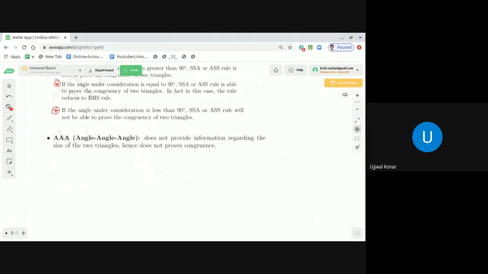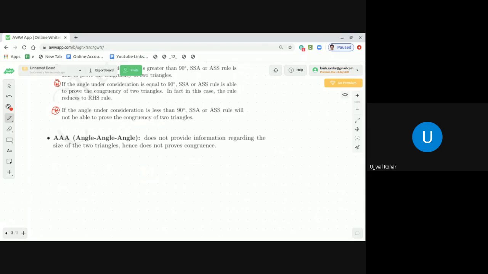How? Consider two equilateral triangles, dear students. In equilateral triangles, all the sides are equal and all the angles are equal, but they can be of different shapes now. But all the angles are 60, 60, 60.